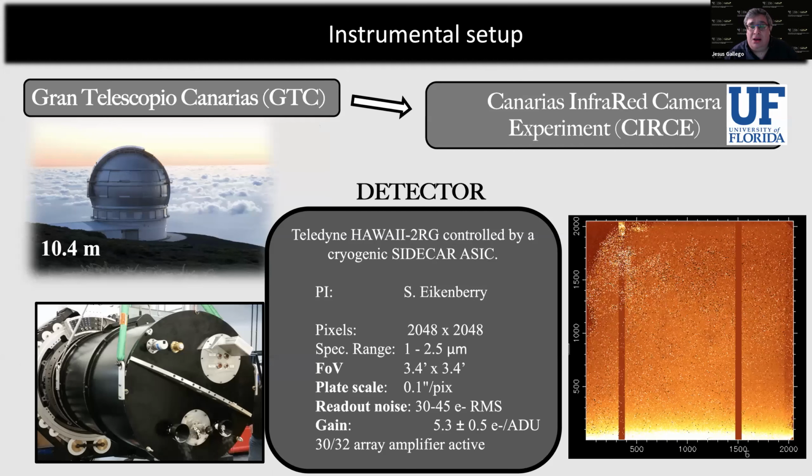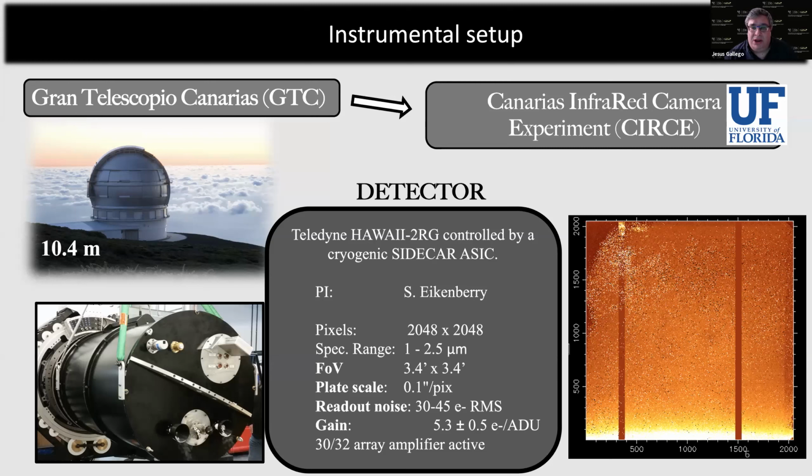Our observational project was based on the use of a near-infrared camera installed at the Gran Telescopio Canarias 10.4 meter telescope. The camera is called Canarias Infrared Camera Experiment, CIRCE. The PI is Steve Hickenberry.